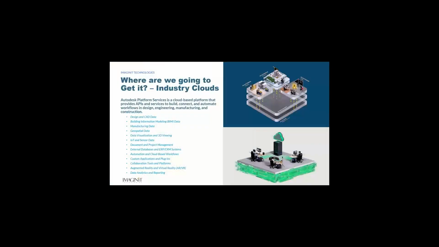Let me go back here. Essentially, Autodesk's platform services are a key component of this, especially for us here at ImagineIt. This has been rebranded over the years; it used to be called Forge when it was still in its infancy. The platform services is a baseline cloud computing language and model that allows you to bring together data sources, that Alan alluded to earlier with the multiple connections.